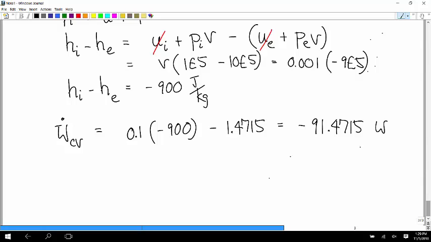We're looking for the difference in enthalpies. They should be pretty close, because the enthalpy doesn't vary very much with the pressure.